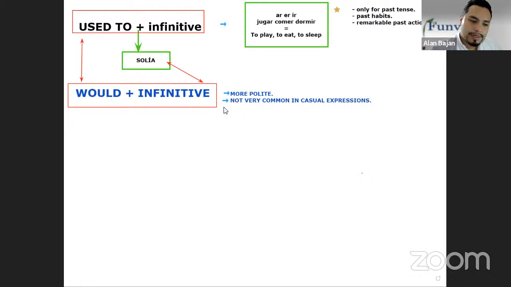And there are some extra rules that are not very relevant. But for you to understand it better, we will say that we use would in repetitive actions.